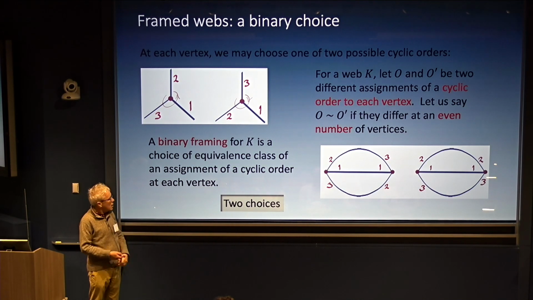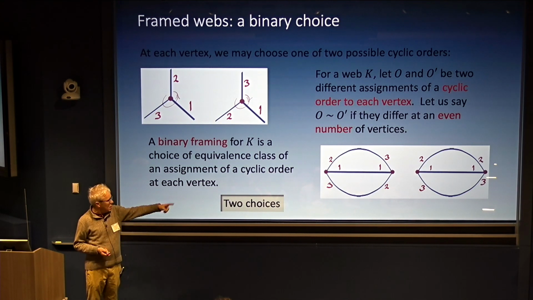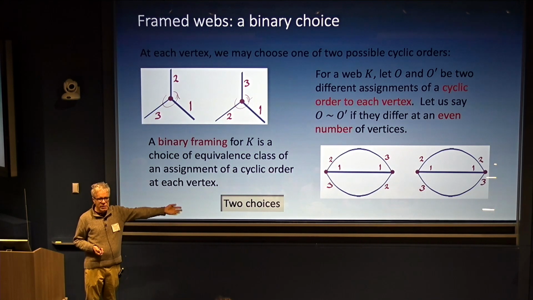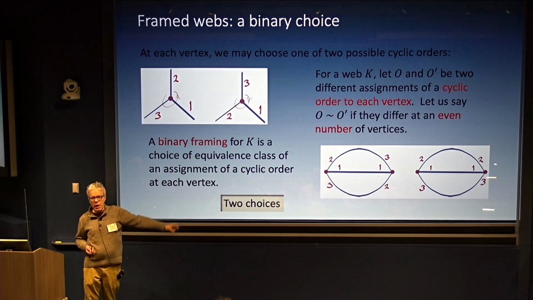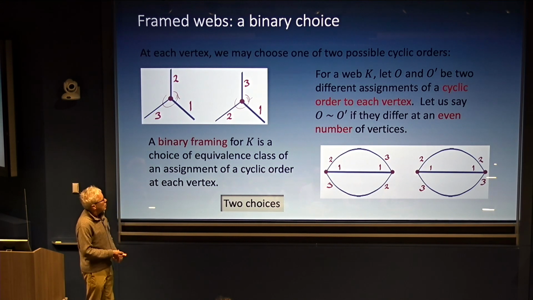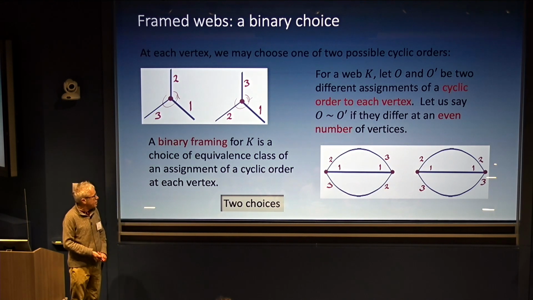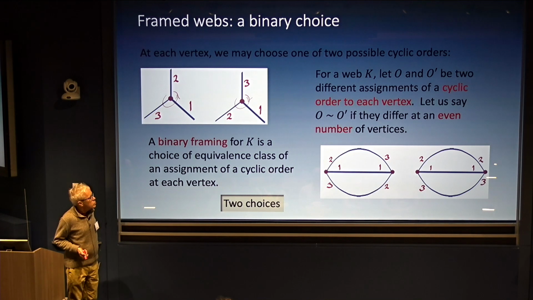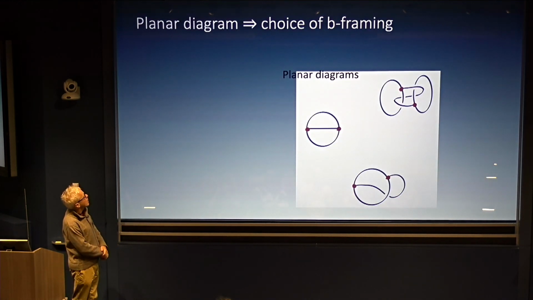There's 2 choices there. That's the theta graph drawn twice, and I've given cyclic orderings at both vertices, but at one vertex they're the same, at the other vertex they're different. Those are the 2 different ways to binary frame the theta graph. So every web has 2 choices of binary framings.